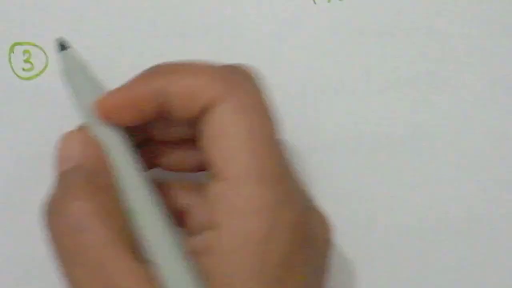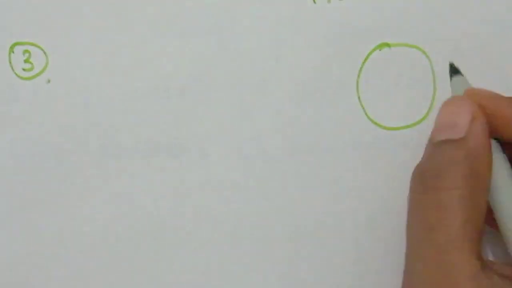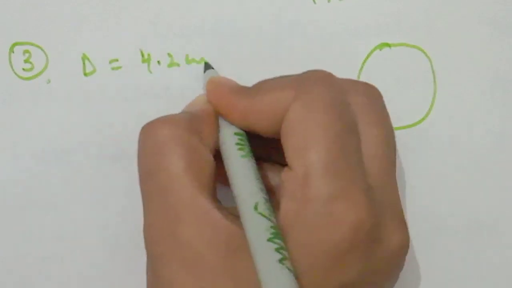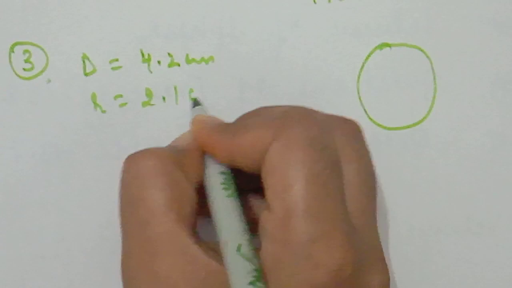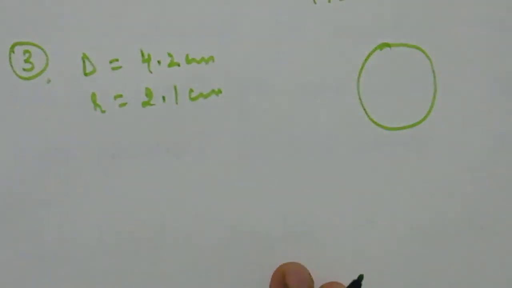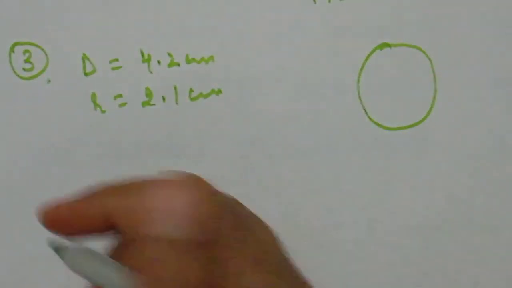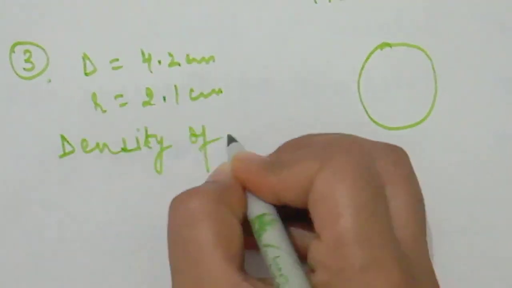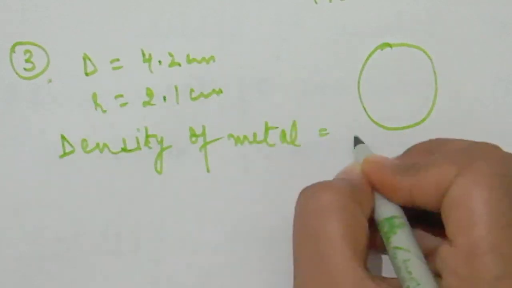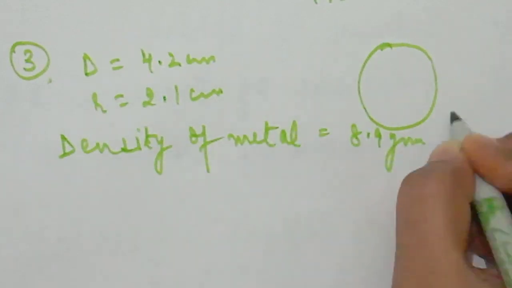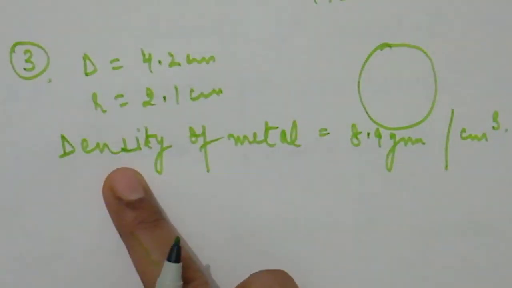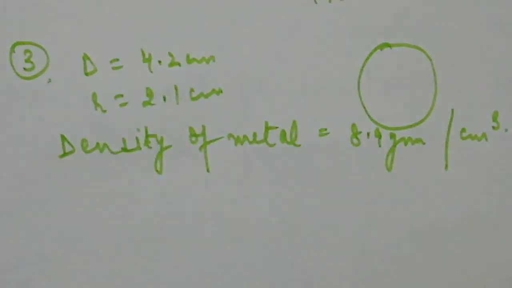Now the third question is: the diameter of a metallic ball, which is an example of a sphere, is 4.2 centimeter, so the radius is 2.1 centimeter. What is the mass of the ball if the density of the metal is given as 8.9 gram per centimeter cube? For finding the mass, first of all we have to find the volume.